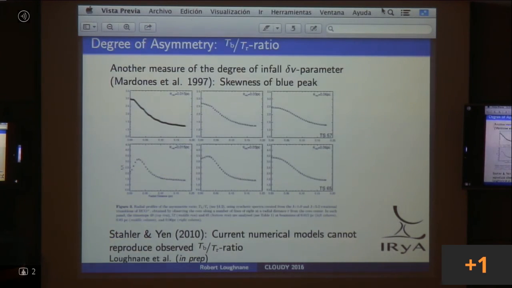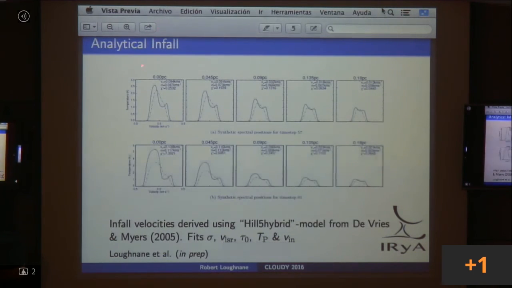These are just selected results from the work, which is ongoing, close to finishing. We have the TB/TR ratio, which is the ratio of the peak height of the blue peak to the red peak. Now, the values produced from the two transitions are different.